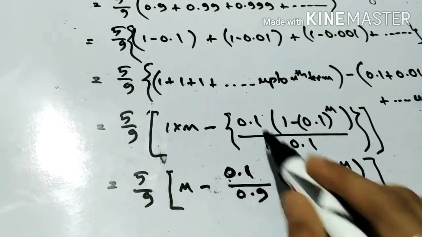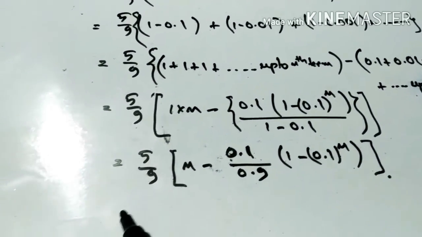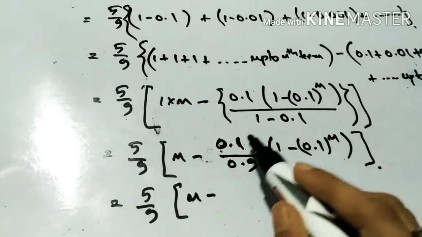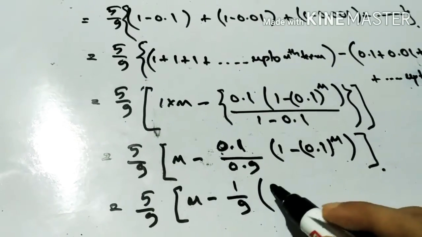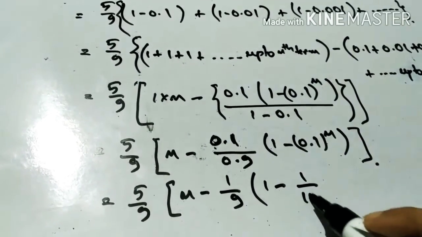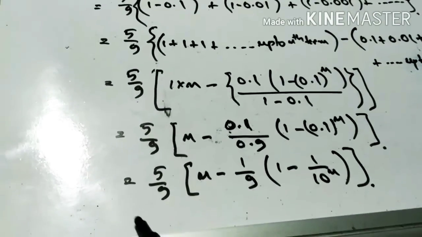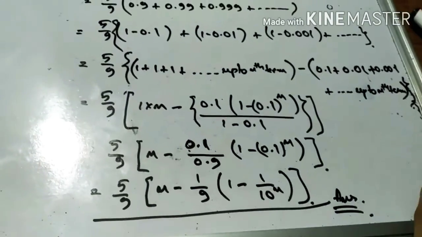This is 0.1 by 0.9, understand. Now this is 5 by 9 n minus, if you multiply both sides by 10, you will get 1 by 9, and this is 1 minus 1 by 10 to the whole power n, and this will be our answer.